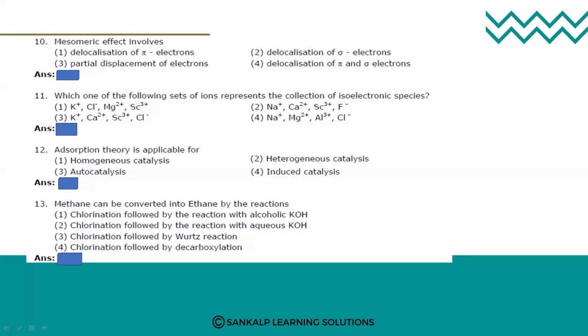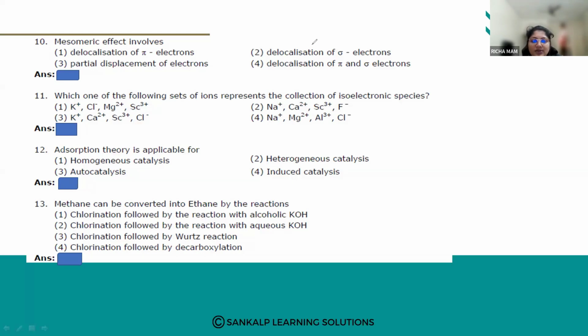There we have studied the electromeric effect, then the resonance effect, mesomeric effect, inductive effect. So what do you mean by mesomeric effect? First one, delocalization of pi electrons; second, delocalization of sigma electrons; third, partial displacement of electrons; and fourth, delocalization of pi and sigma electrons.